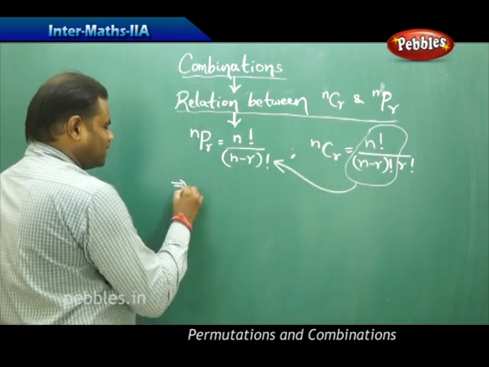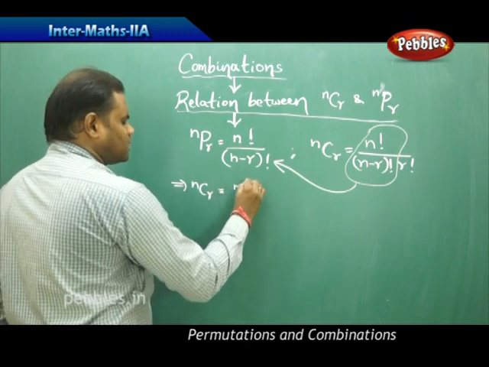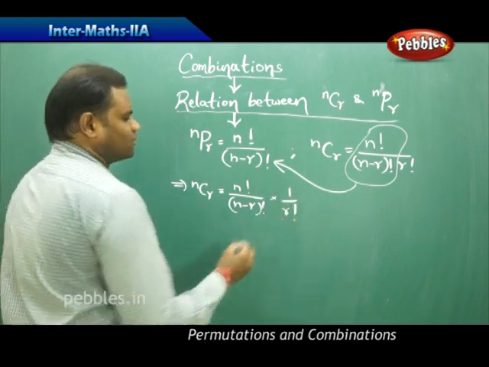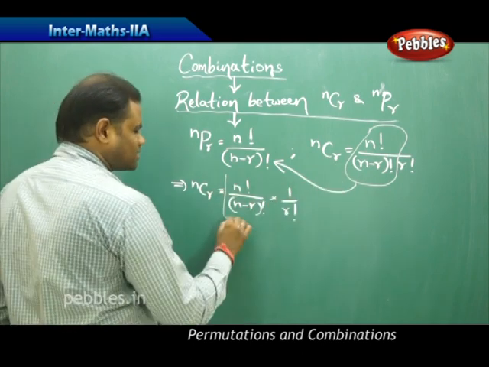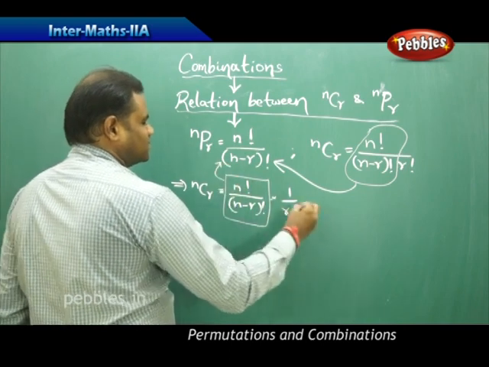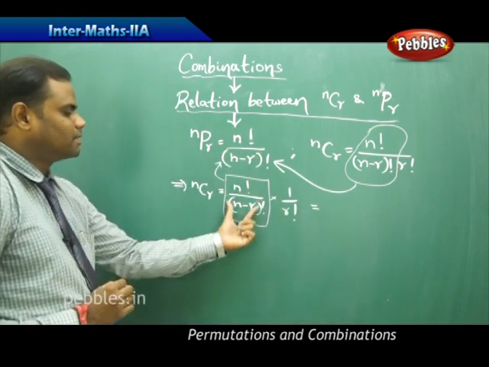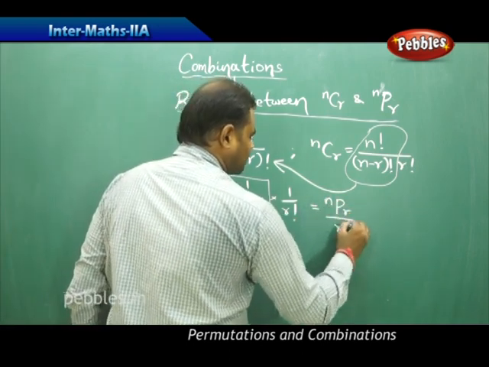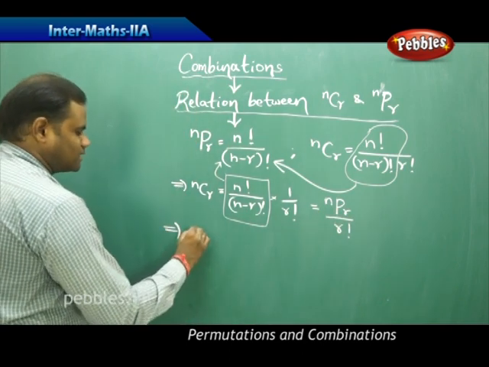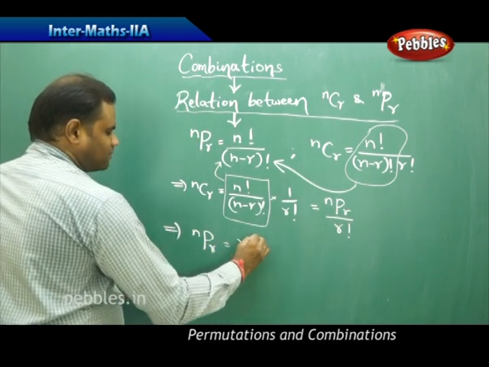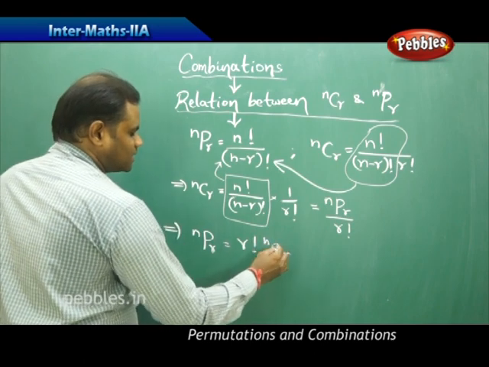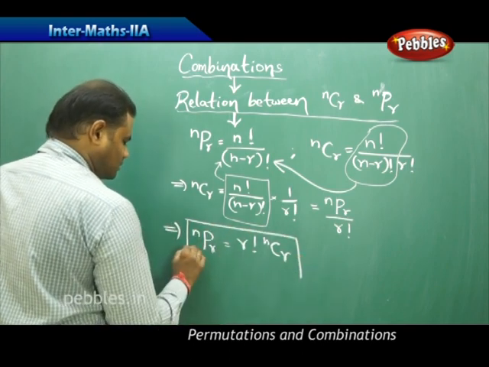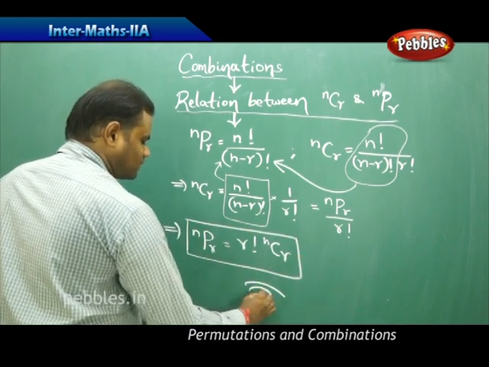So therefore nCr is n factorial by (n minus r) factorial into 1 by r factorial, which can be arranged so that n factorial by (n minus r) factorial is nPr, by r factorial. That implies nPr is r factorial times nCr, which is how I see the relation between nPr and nCr.